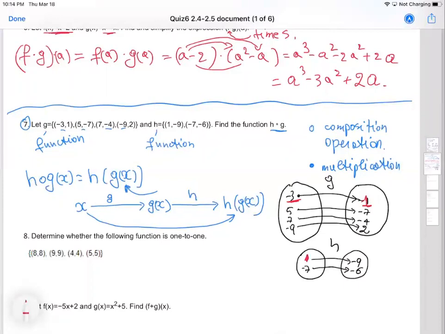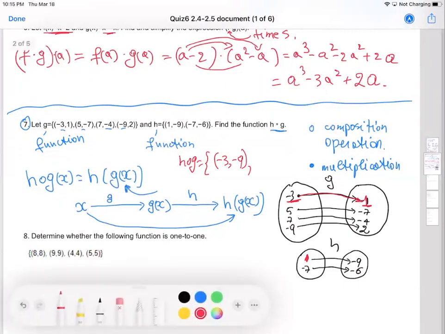H takes 1 and maps it to -9. So h composed with g is going to have the ordered pair -3, -9. Let's look at it again. How did I find that? -3 maps to 1 from g, and then h takes 1 and maps it to -9.